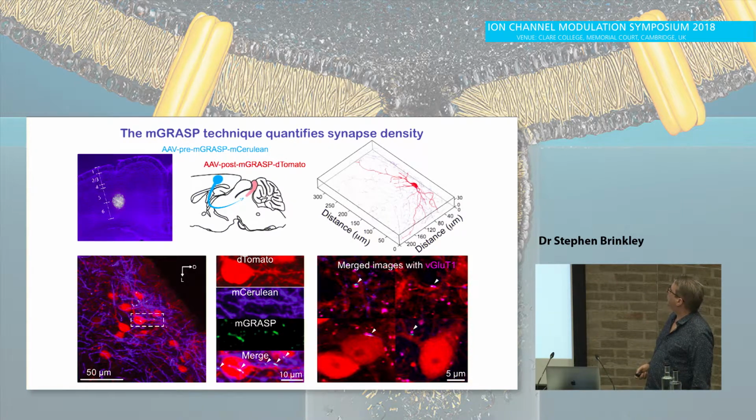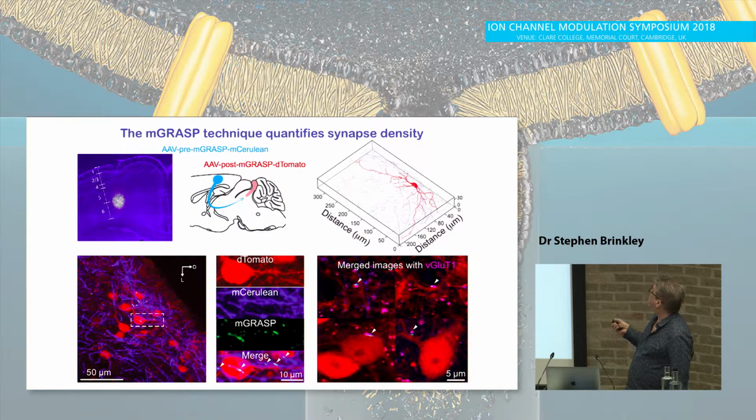But there were other things that happened which we found a bit more unexpected. We decided, okay, that's just GFP signal, these signals we were measuring there. What we really want to do is reconstruct single inferior colliculus neurons and count the number of synapses each neuron has, and also have a look at maybe the properties of those synapses, how they're distributed across the IC neuron.